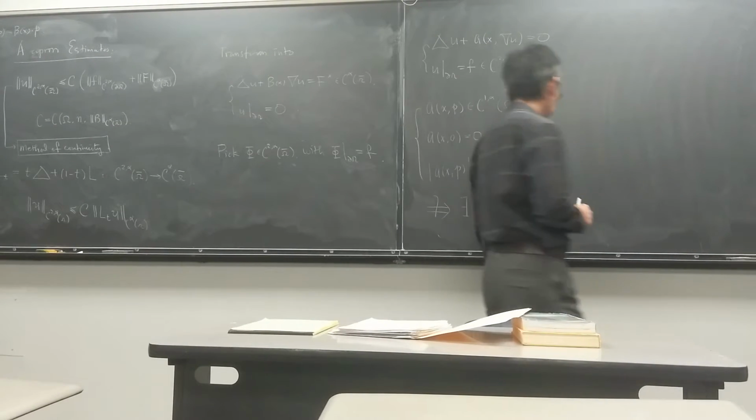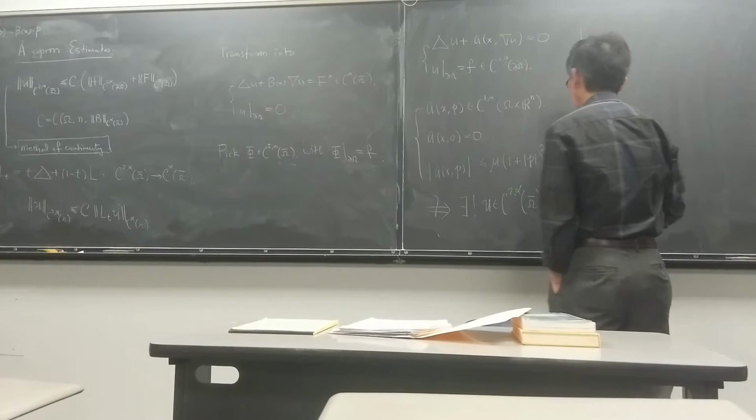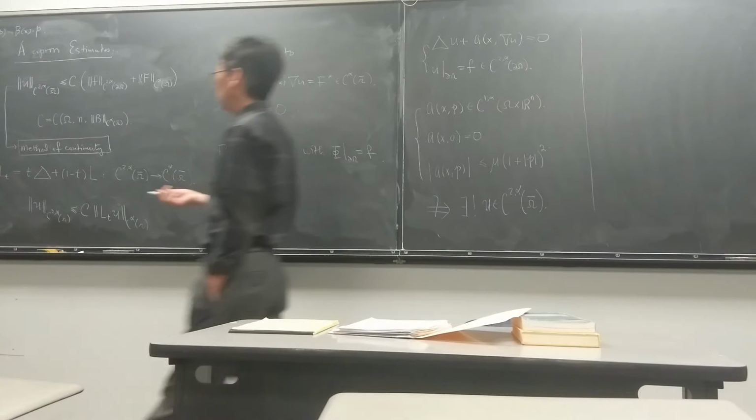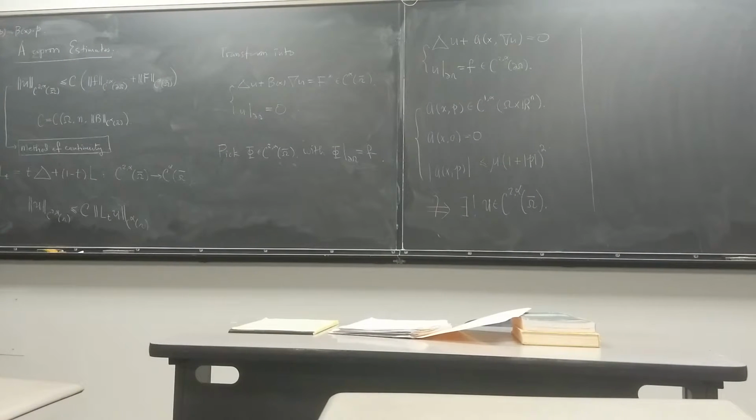Now, in order to do that, you look at the linear theory, and I skipped one of the things here. It's actually the maximum principle, right? But the maximum principle, we learned this before. This is not a big deal. The main thing is the existence, and the existence is based on what? Based on the a priori estimate.